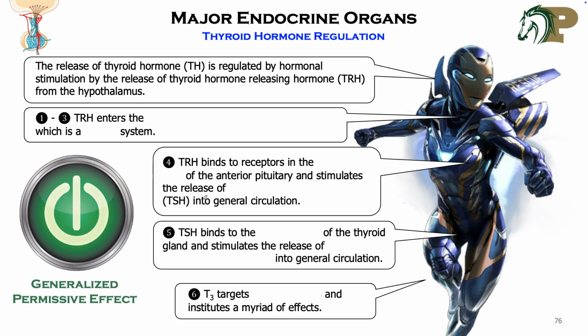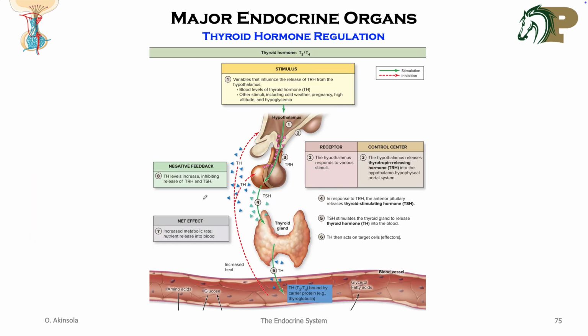So thyroid hormone is regulated by hormonal stimulation by the release of thyroid releasing hormone from the hypothalamus. So that is the specific releasing hormone that comes from the hypothalamus, TRH. So back here, we have the release of TRH right in here in the hypothalamus.